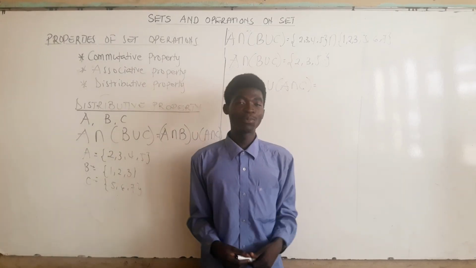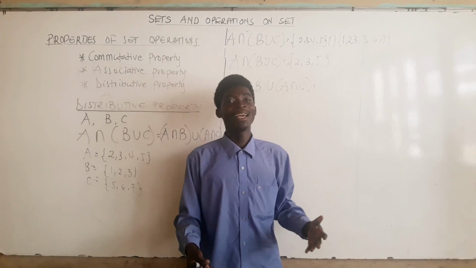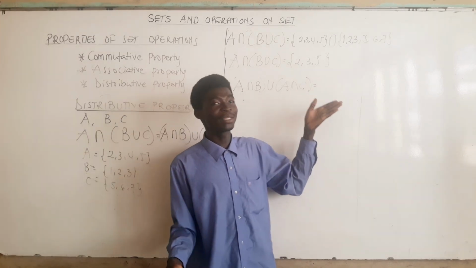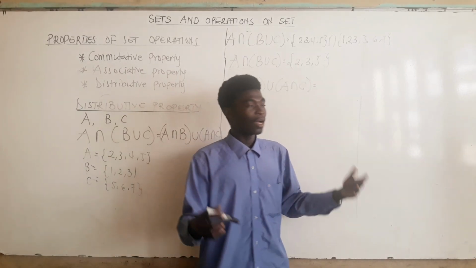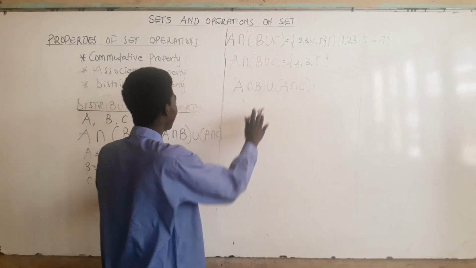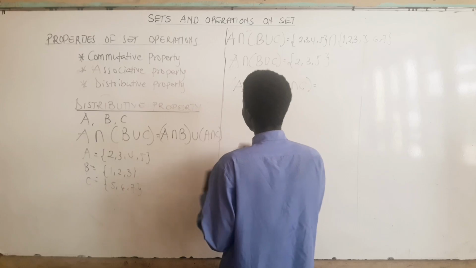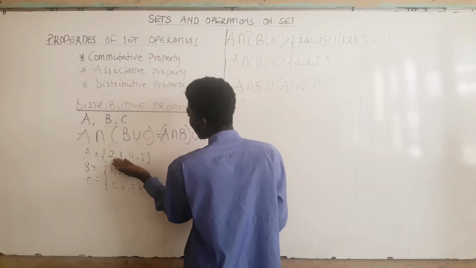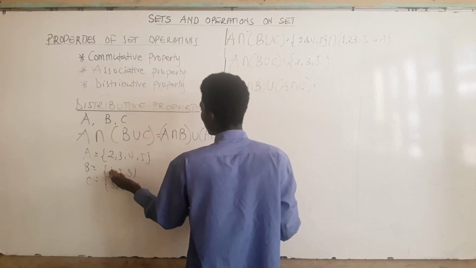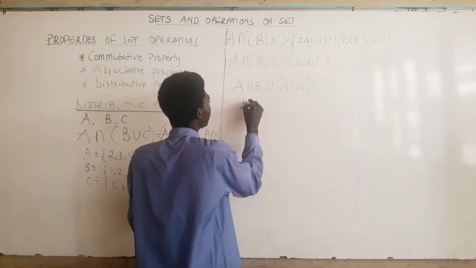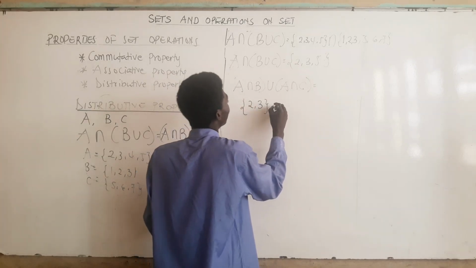Okay, now let's prove this, and let's check whether the results we get for this will be the same as this. So A intersection B. Which element can be found in A and at the same time can be found in B? And the answer is 2 and 3, right?